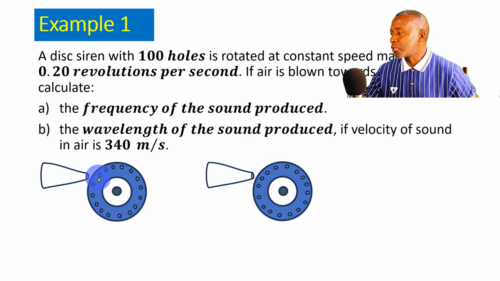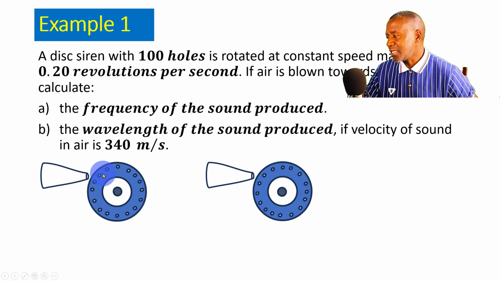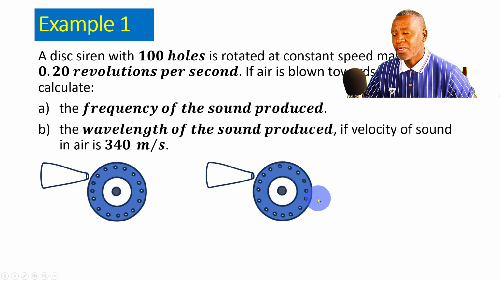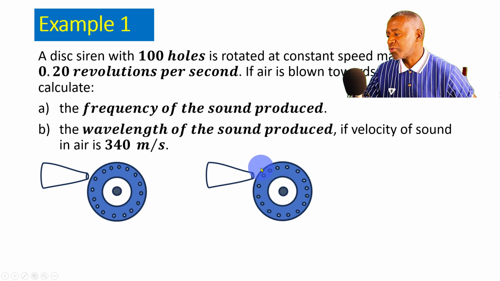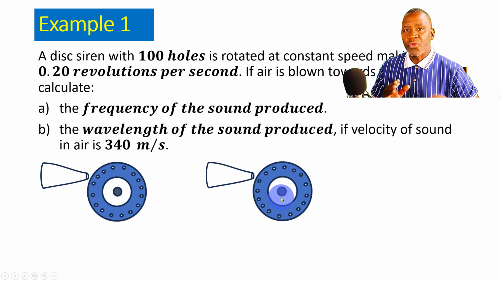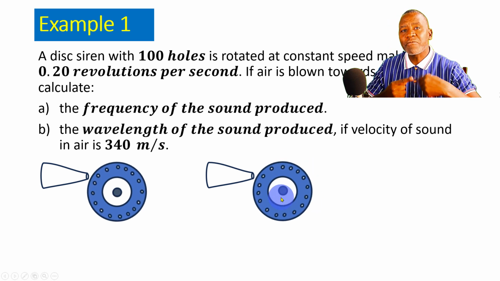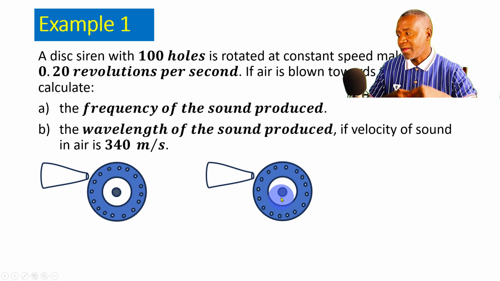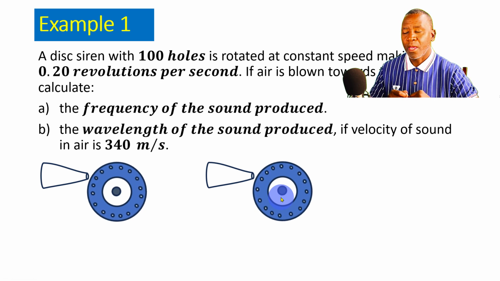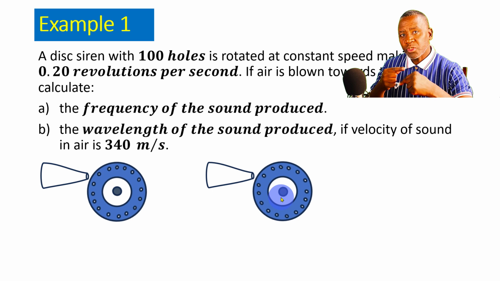When you look at these two discs, the first disc is rotating at a lower speed, and the second one is rotating at a higher speed. So the second one is going to produce more frequent interruptions per unit time than the first one. More interruptions of the sound.